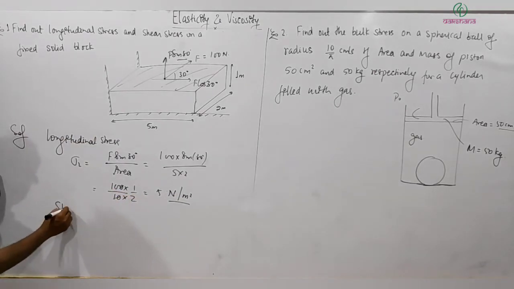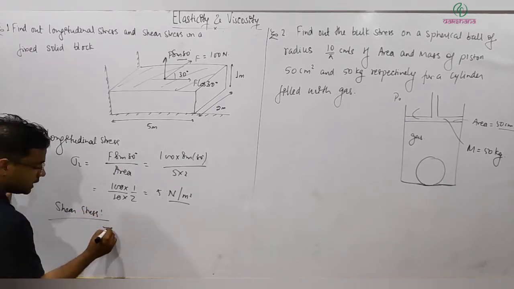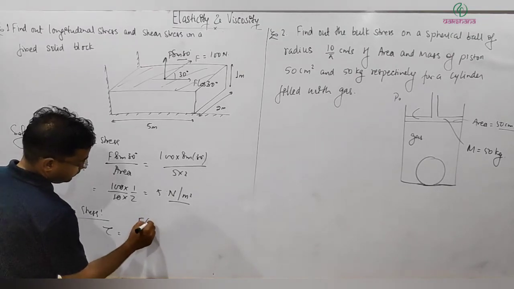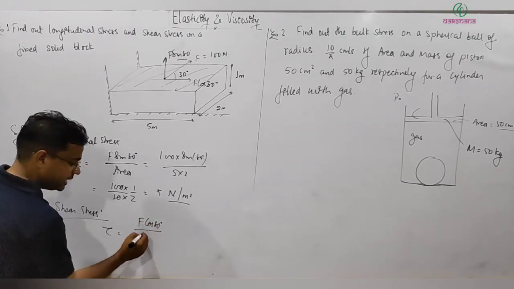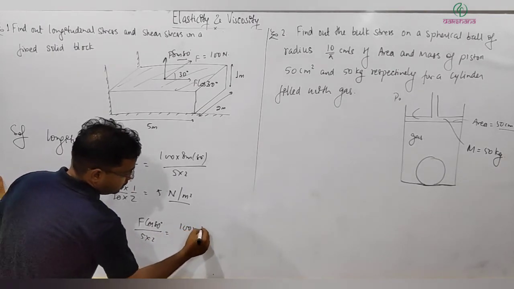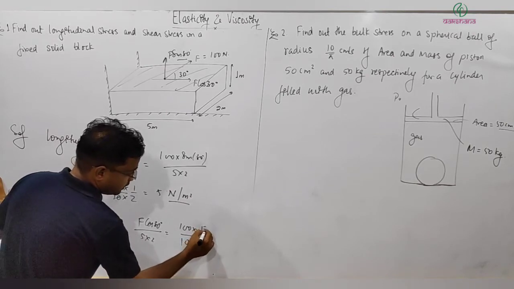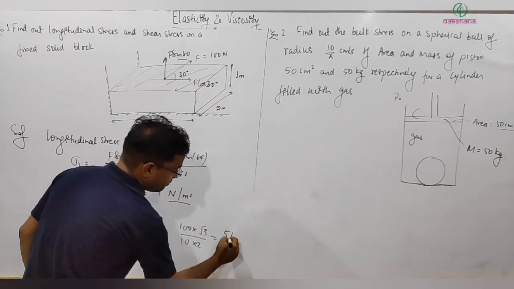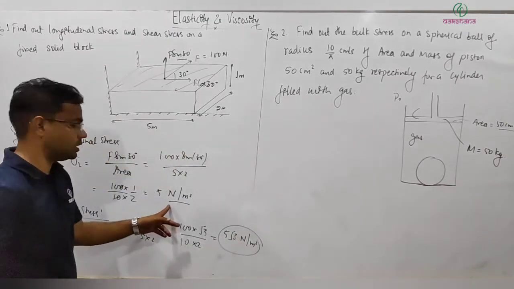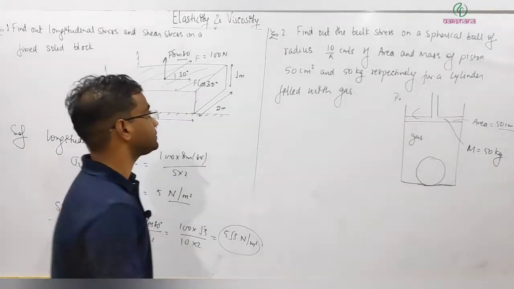Similarly, the shear stress, tau: the shear force is F cos 30 divided by the same area, 5 into 2, so this is 100 root 3 by 2 divided by 10, which is 5 root 3 Newton per meter square. This is the longitudinal stress and this is the shear stress.